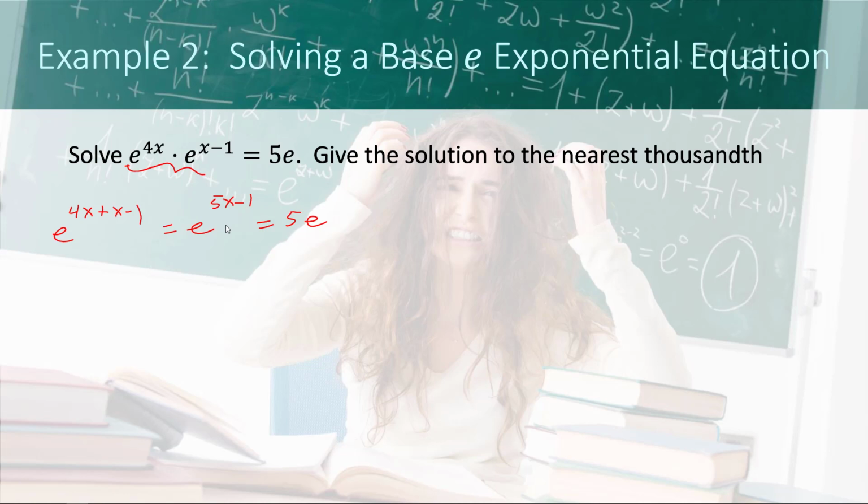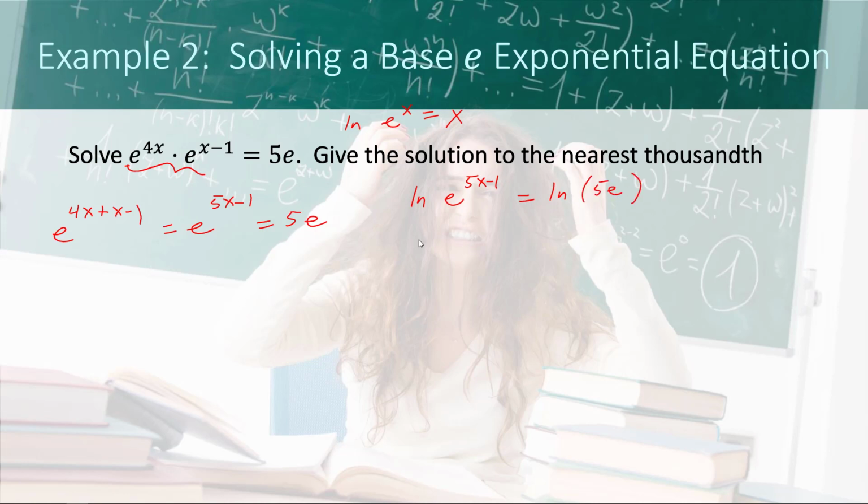We can now go ahead and take the natural log of each side, because remember the natural log of e to the x is just simply x. So here we will have the natural log of e to the 5x minus 1, and that will be equal to the natural log of 5 times e.